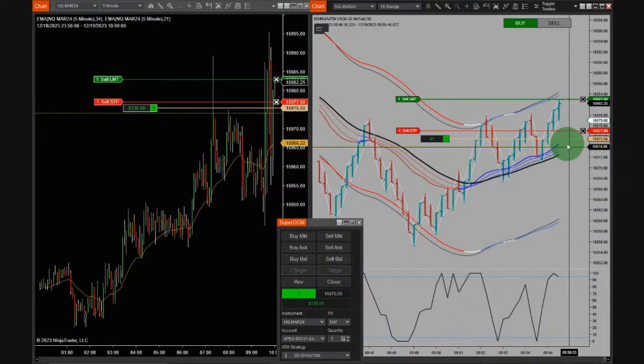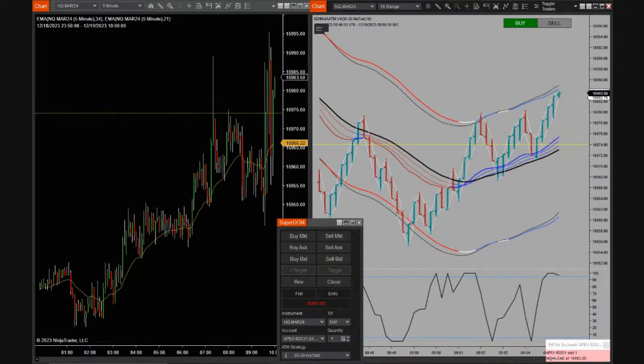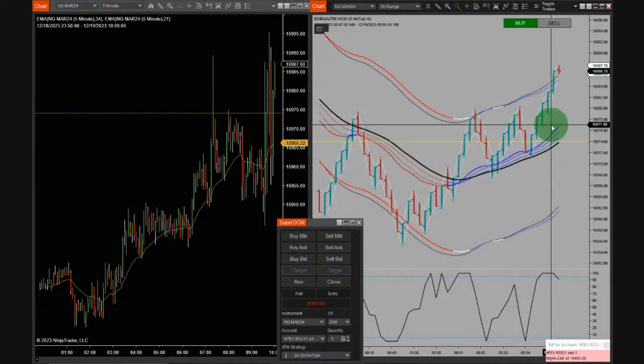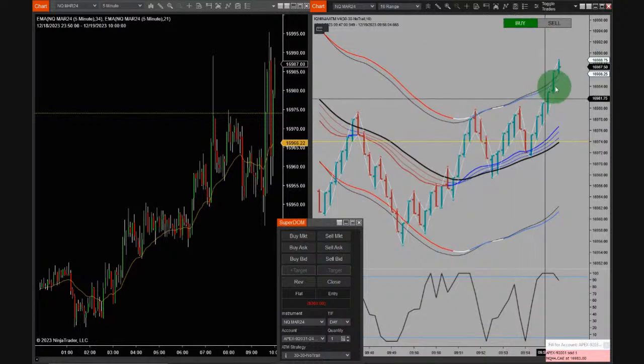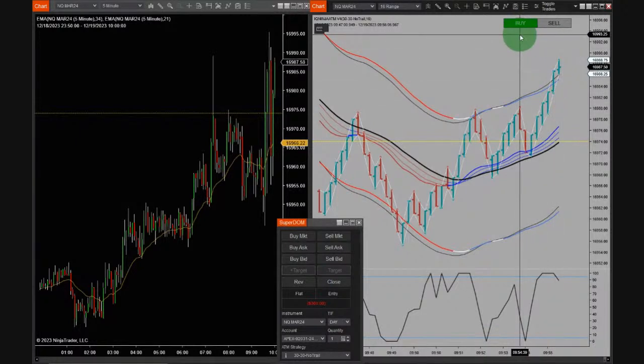Just bringing my stop up because that literally went within a single tick of my target. Stop filled. There we go. It went within a single tick or two of my target, and then you saw how it threatened to reverse and come back down. So I wasn't about to let that trade turn into a loser after it went that close to my target.